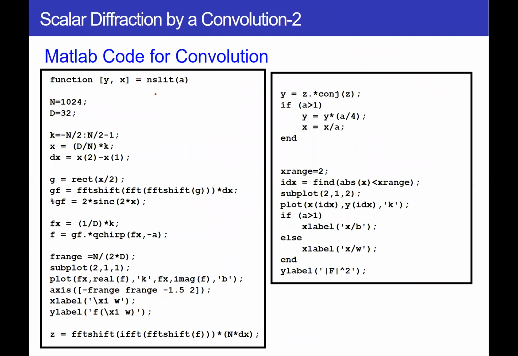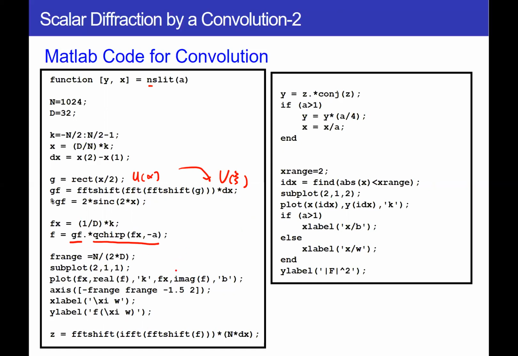And then this case, we call it n-slit. We first Fourier transform our U. Okay, Fourier transform it. And then the Fourier transformed one and the chopping are multiplied.